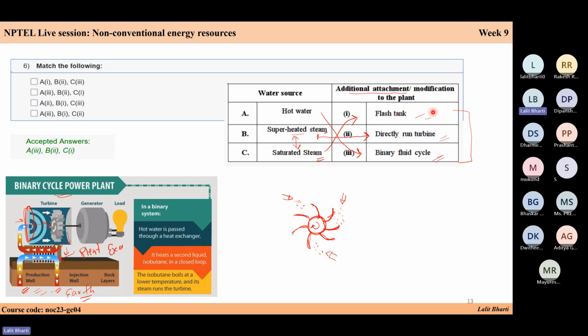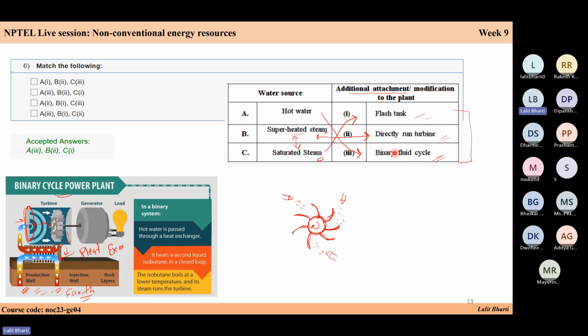So you need different attachments here. You have a flash tank, directly run turbine. If you have very high superheated steam, you can directly connect it with the directly run turbine. Then you have hot water, which is still in the liquid form, so it will go through the binary fluid cycle.